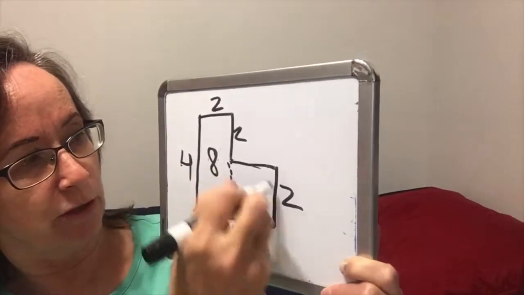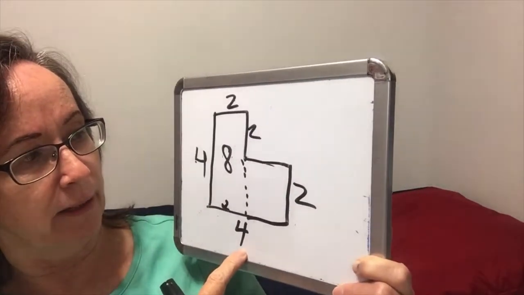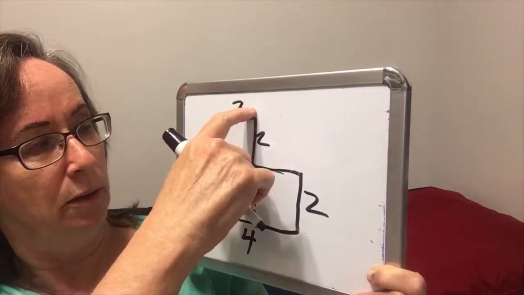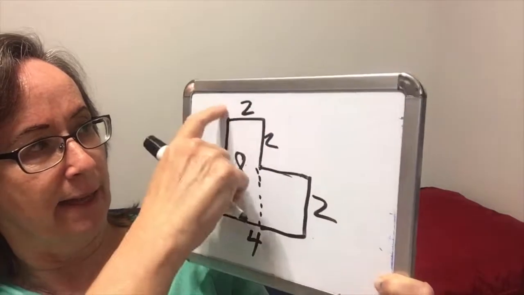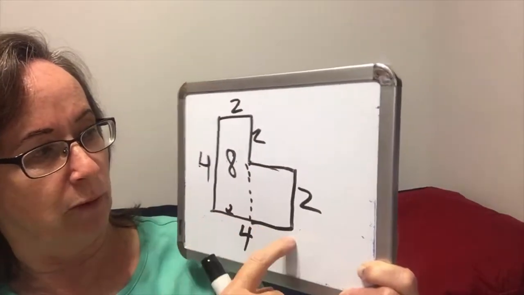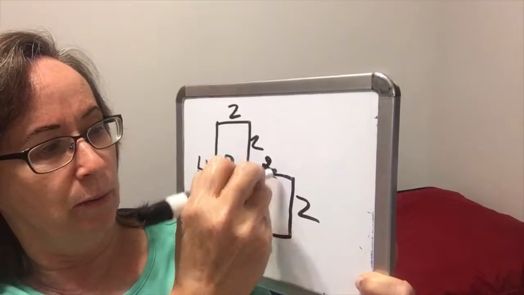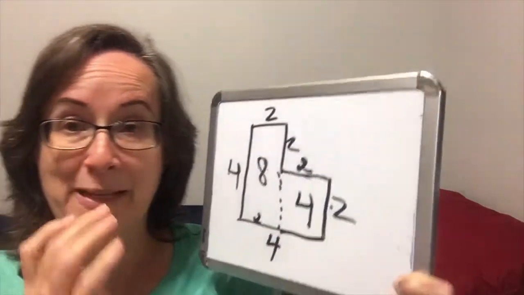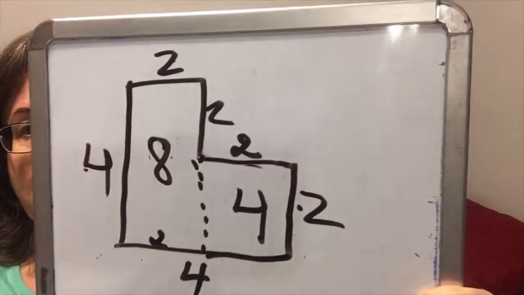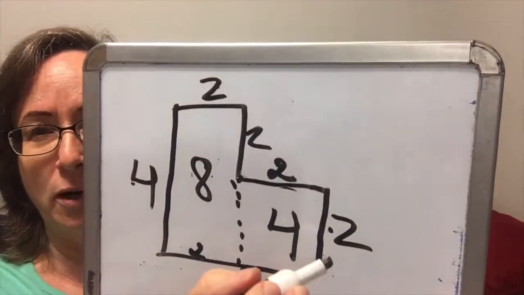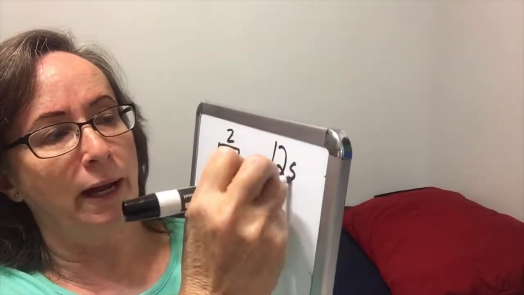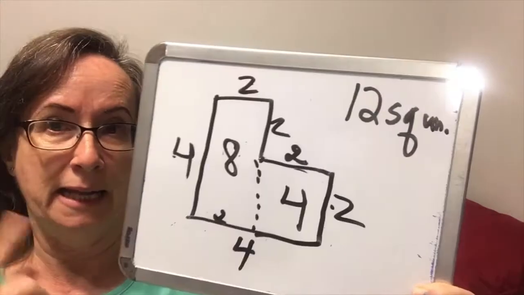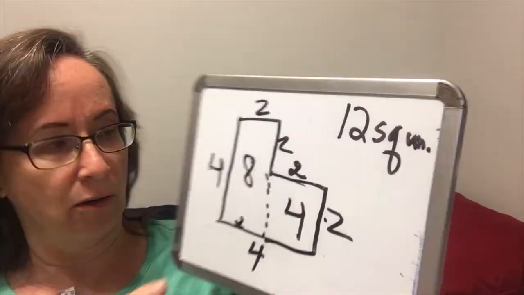Then we come over here to this little one, and since we have 4 all the way across, but we have 2 and then another little bit, that has to be 2, because 2 plus 2 must equal 4. So 2 times 2 is 4. We have a few little missing things that we have to reason out. Now that we have 8 plus 4, we have 12 square units. Now let's do the same problem, but let's change our orientation.